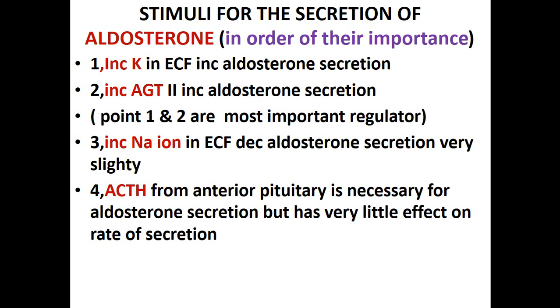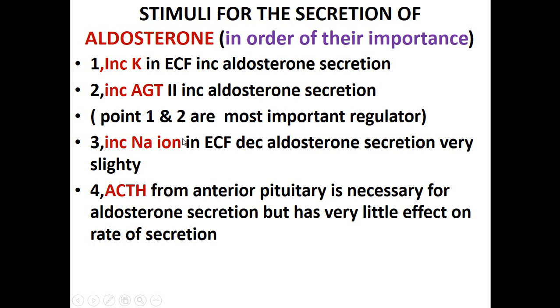One is that angiotensin 2 directly stimulates your sodium potassium pump. Secondly, it causes the production of aldosterone, which again stimulates the sodium potassium pump. So these first two points are the most important regulators of your aldosterone production.